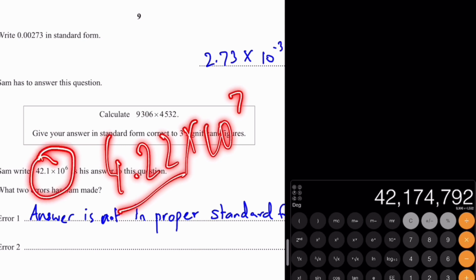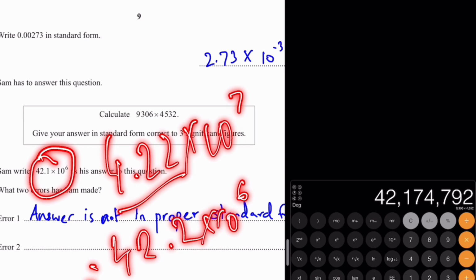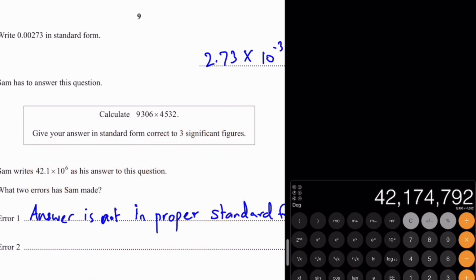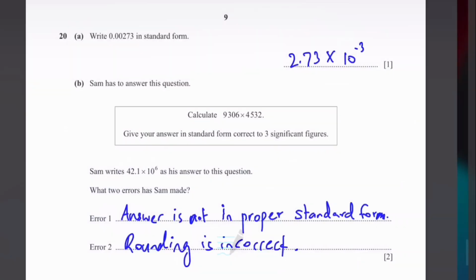And if you write it like he did, it'll be 42.2 times 10 to the power of 6. But then he's written 42.1, so the rounding is incorrect. He has rounded down instead of up. That's the answer.